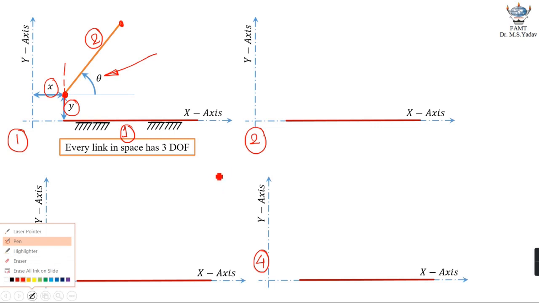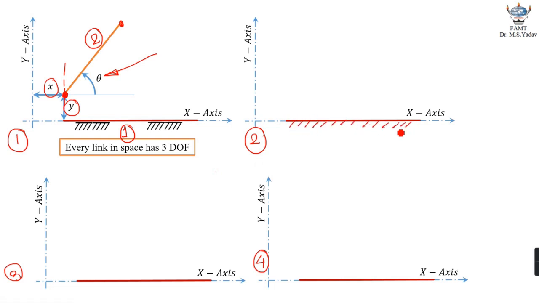Now we will concentrate on figure number 2. Once again, the same rectangular coordinate system, same link number 1, which is lying along the x-axis and fixed. And now we will form a turning pair between link number 2 and link number 1 at this particular point.